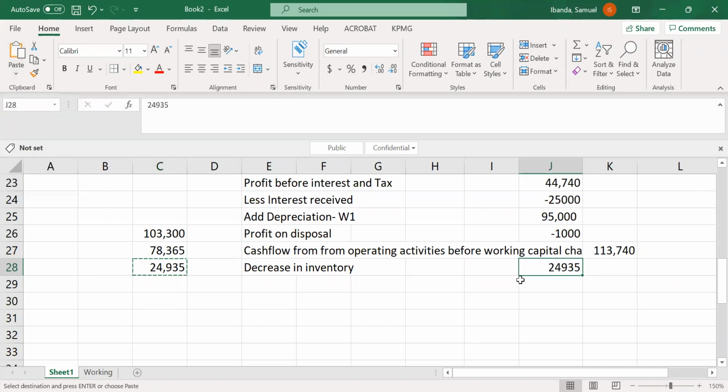I'm going to regard it as a positive because a decrease in inventory means that you sold inventory, and whenever you sell inventory, it's a cash inflow. Inventory only reduces when you sell it unless additional information tells us otherwise. So that's why I make that a positive.